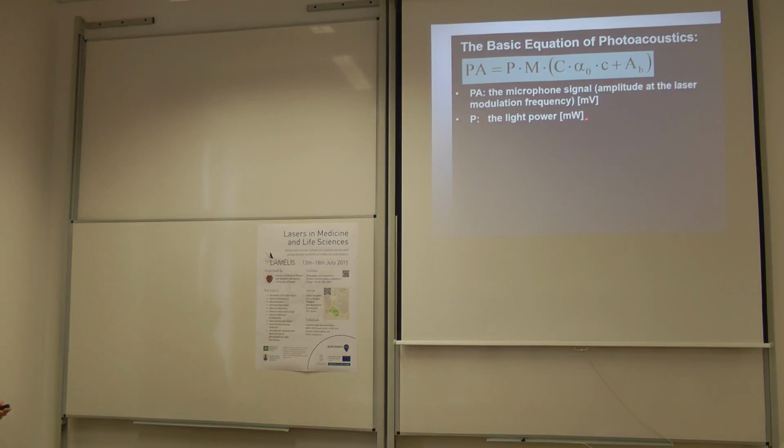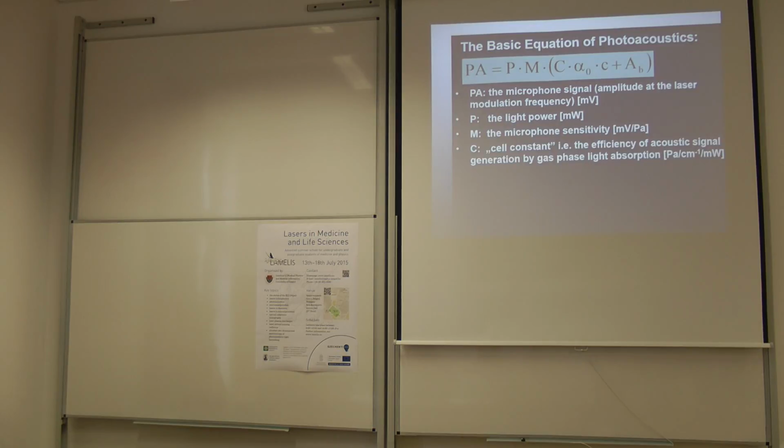P is the light power in milliwatt, M is the microphone sensitivity, meaning how many millivolt are generated by 1 Pascal acoustic signal, and C is the cell constant, which means the efficiency of the photoacoustic signal generation by gas phase light absorption.